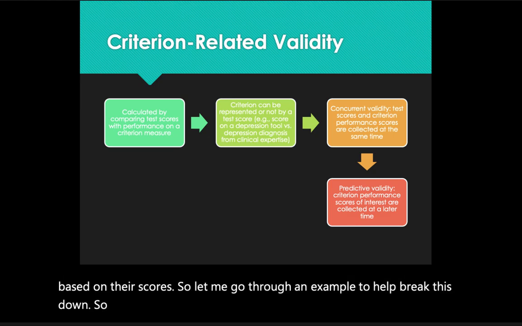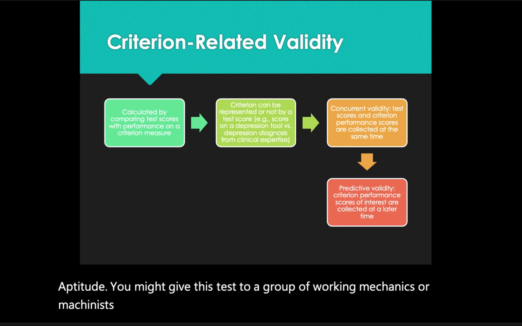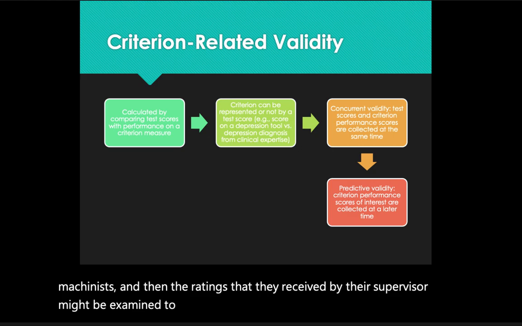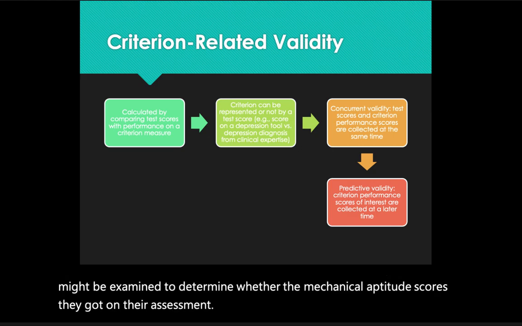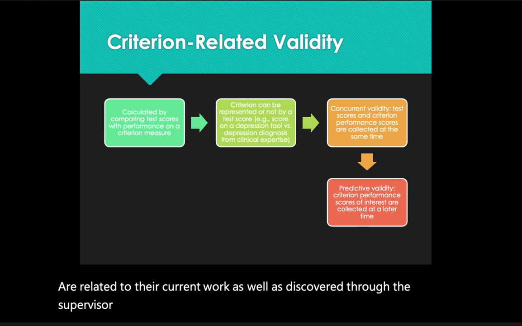An example of concurrent validity could be if you have a test of mechanical aptitude, you might give this test to a group of working mechanics or machinists. And then the ratings that they receive by their supervisor might be examined to determine whether the mechanical aptitude scores that they got on their assessment are related to their current work as discovered through the supervisor ratings.